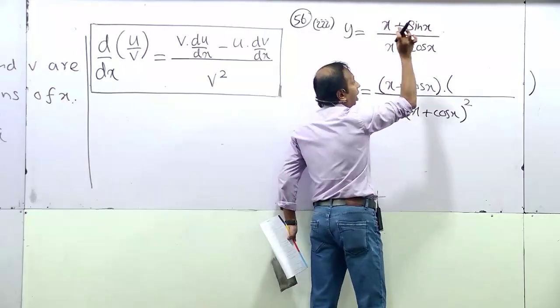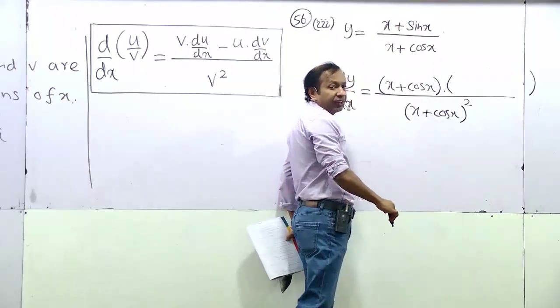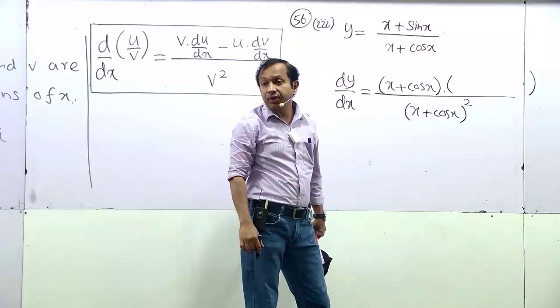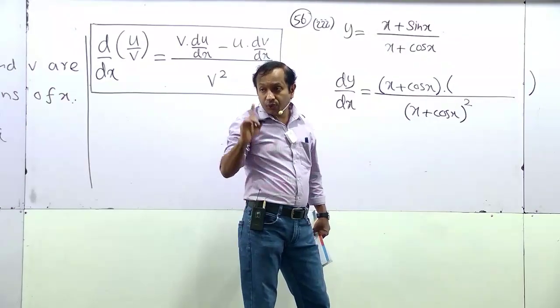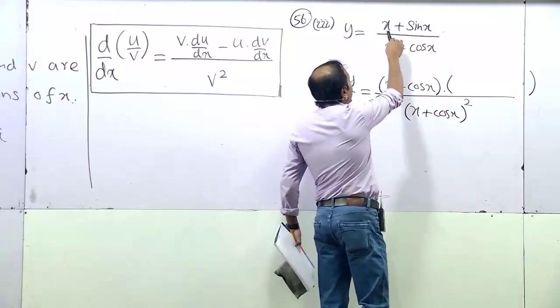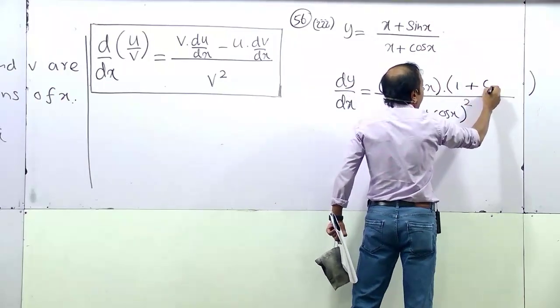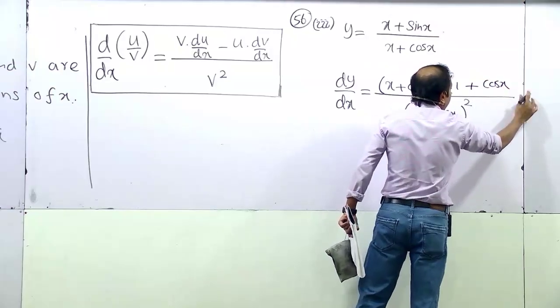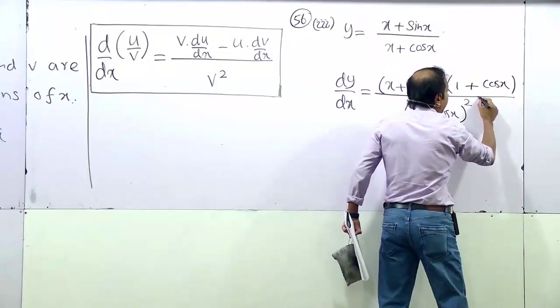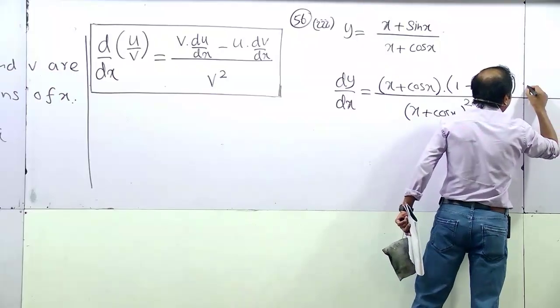What is the derivative of x? 1. Differentiate this: 1 plus the derivative of sin x, cos x. Now what is the sign? Minus.